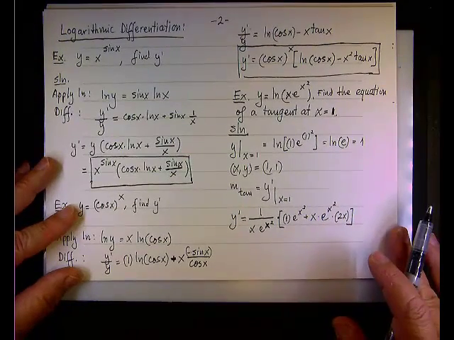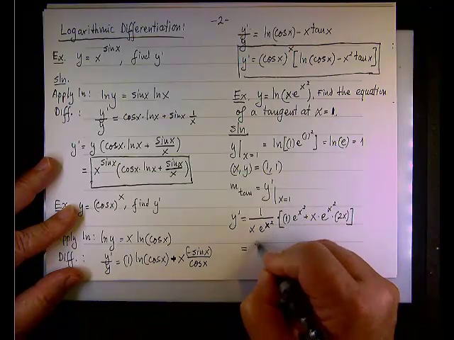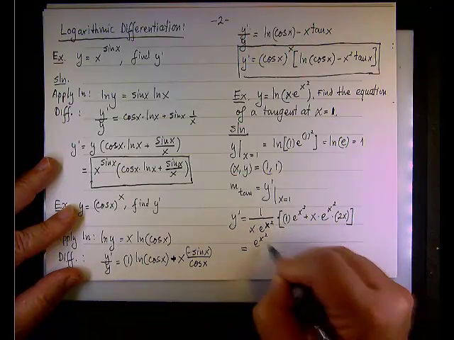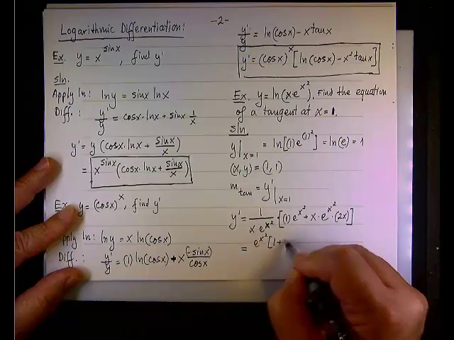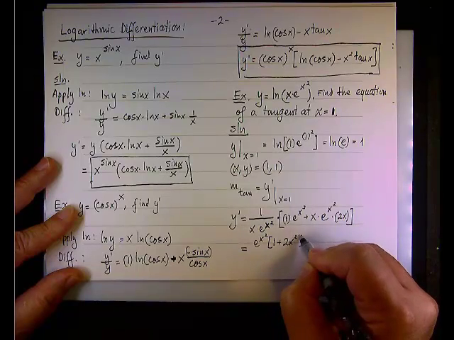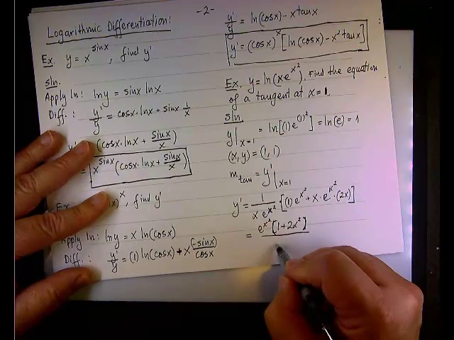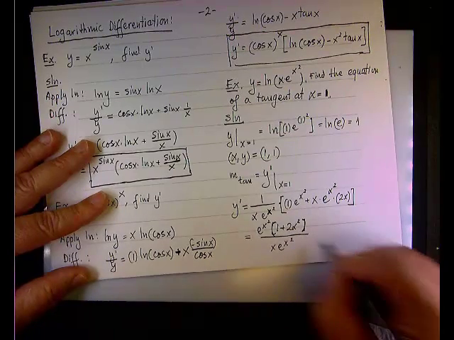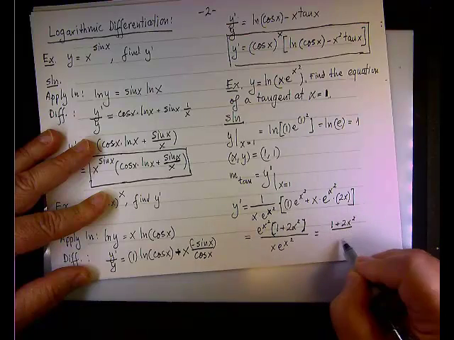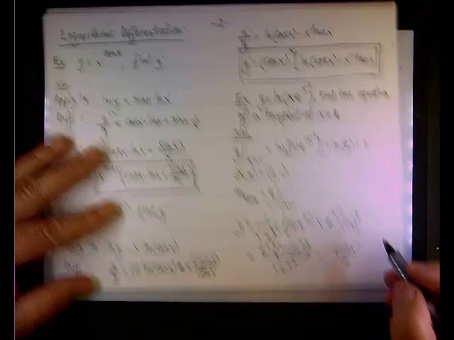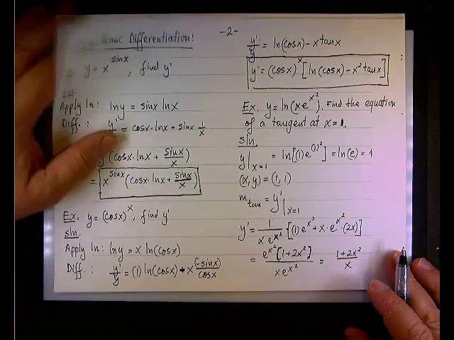So for the sake of neatness, we see that we have e to the x squared as a common factor, and if you factor it out, you have 1 plus 2x squared, all of it divided by x times e to the x squared. Well, further simplification will give you 1 plus 2x squared over x. That's a very nice compact form of the derivative.